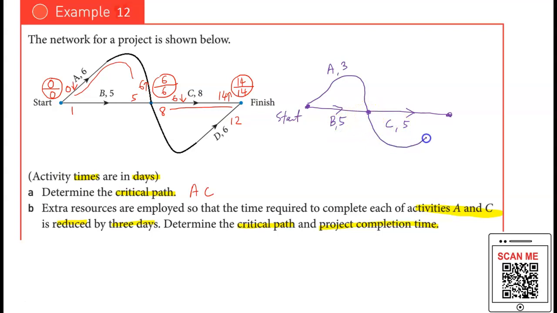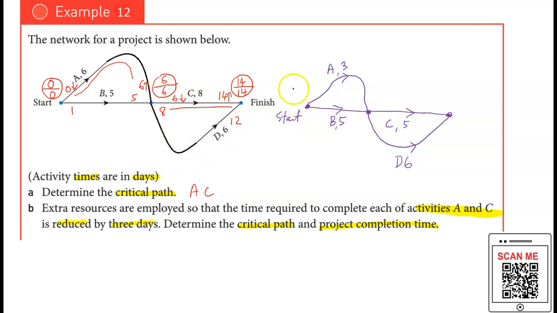Then we look at the next one here, D. Is D affected? No, D is not affected. The ones affected are A and C. Initially A is 6, now it becomes 3. C initially is 8, reduced by 3, it becomes 5.